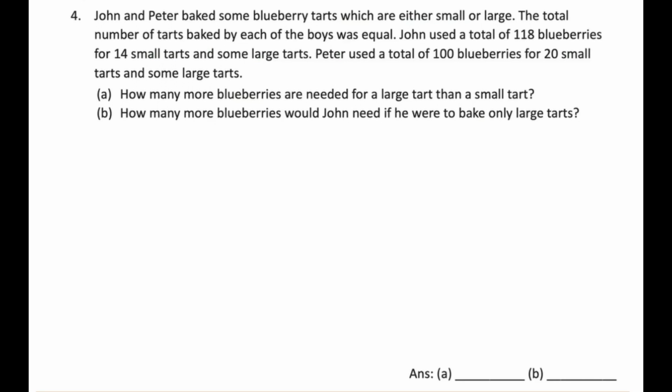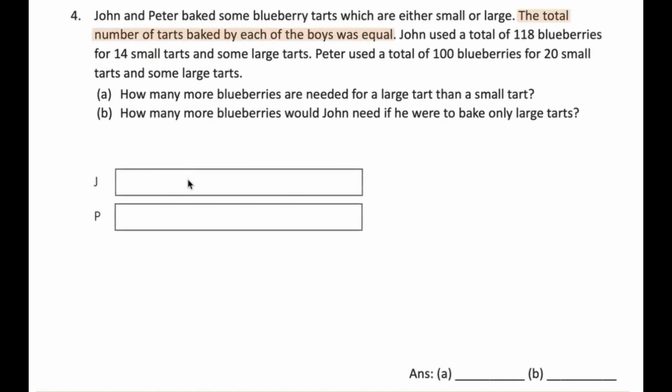Okay? John used a total of 118 blueberries for 14 small tarts and some large tarts. So all the tarts are made out of small and large. So let's talk about John. John baked 14 small and some large and used 118 blueberries.